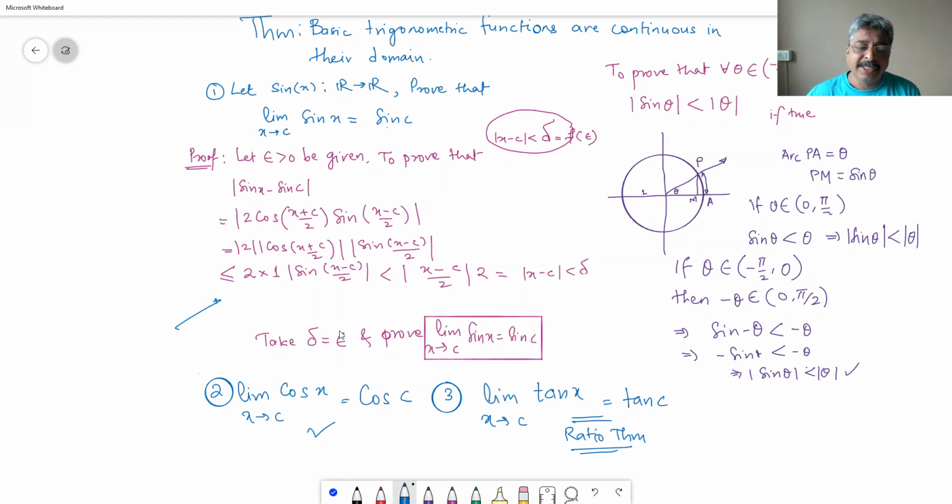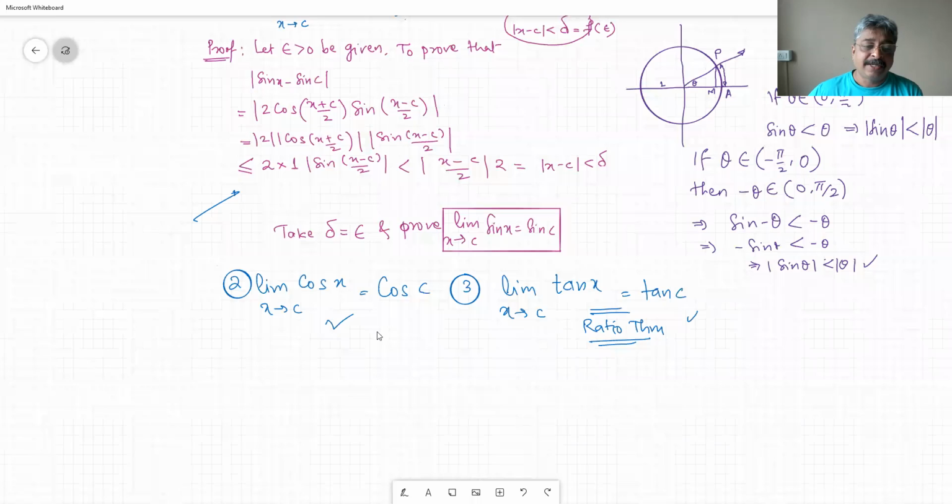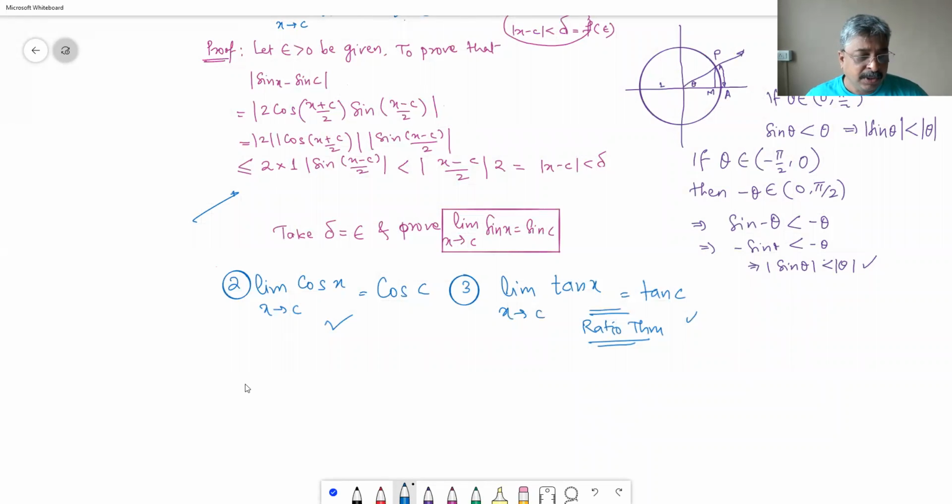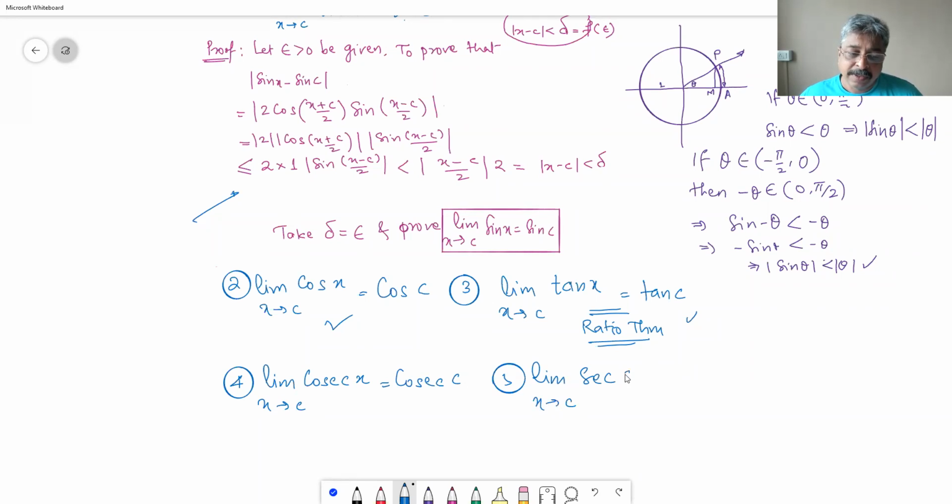Sin x is sin c, cos x is cos c, therefore tan x is tan c, and hence we declare that using the reciprocal theorem, what you can say is limit cosec x as x tends to c is equal to cosec c. Limit, complete this, write this in your notebook also. Sec x is equal to sec c.